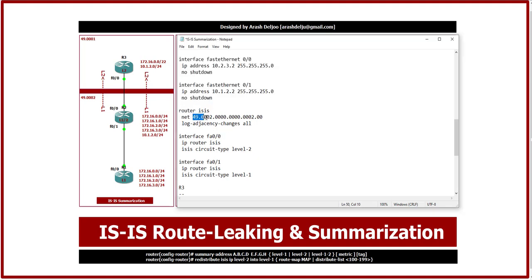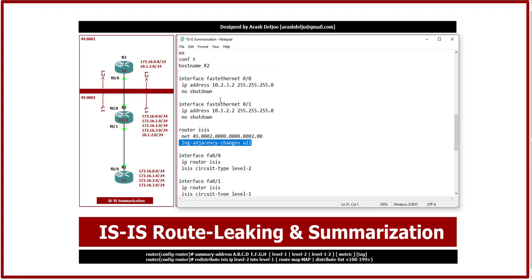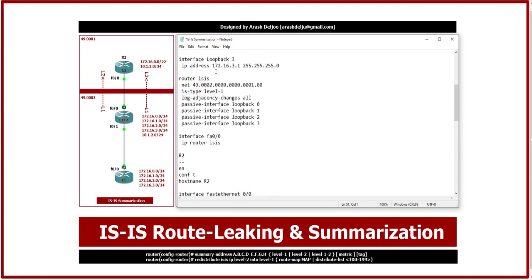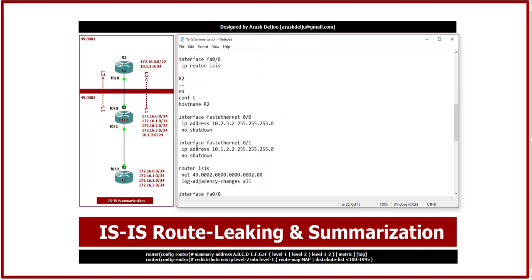The net address is 49.0.0.0.0.0.2.00. This is the area ID, and then the unique system ID, and after that NSEL. I also enabled log-adjacency-changes all. Don't forget that in this scenario, because router 2 is the level 1-2 router, I didn't configure IS type on router 2.